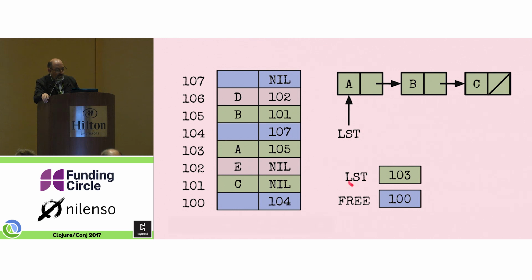You would have a root binding here, indicating that this list started in address 103. So in address 103 you have A in the car part of the cell, and in the cdr you would have the location where this continued. So this follows in location 105.